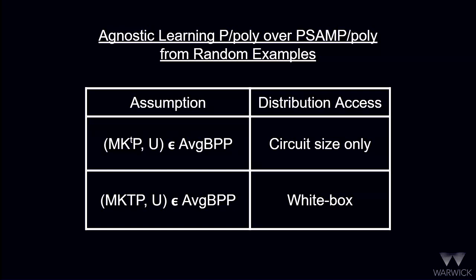In the top case, with k superscript t, all the learner needs to know is an upper bound on the size of the sampler for the distribution. And once it knows that, it can learn over any distribution of that complexity. On the other hand, for capital KT, a stronger form of access is needed, more like white box. The learner needs to know explicitly the code of the sampler in question.